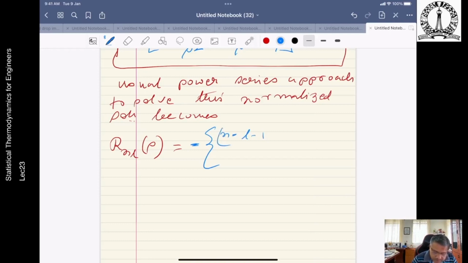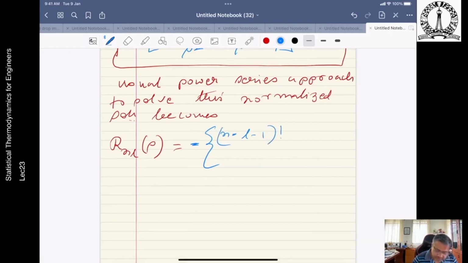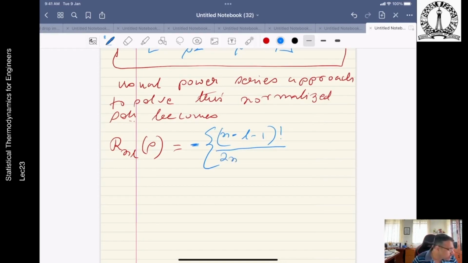It is the square root of n minus L minus 1 factorial divided by 2n into n plus L factorial cubed, and then this entire thing is raised to the power of 3 by 2, 2 over n a naught raised to the power of 3 by 2.